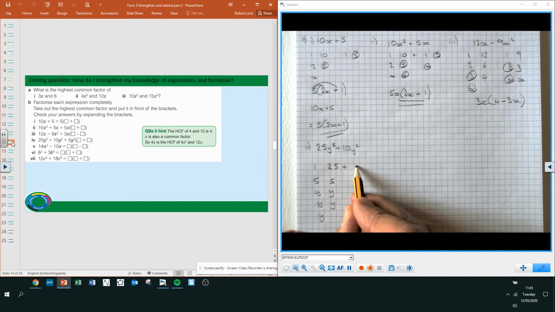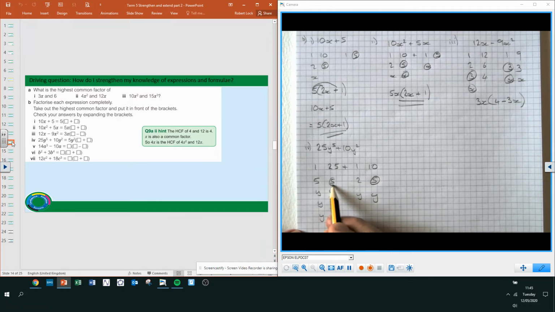Plus, back to the 10: 1 and 10, 2 and 5, and we've got 2 y's. The number common to both is a 5, and we have y's as well, 2 y's. So we've got 5y squared. 5y squared, open the bracket. The pairing that's left over is a 5, and we've got 3 y's there, so y to the power 3, plus the pairing left is a 2, no letters.